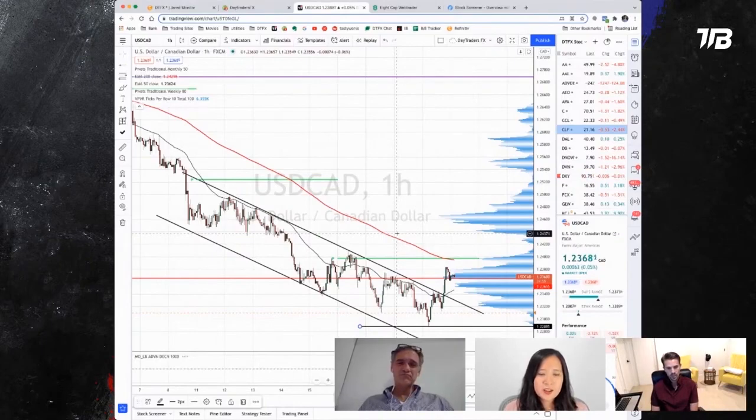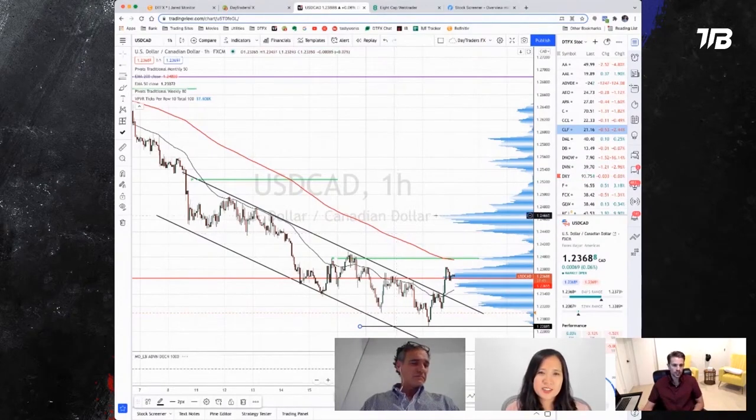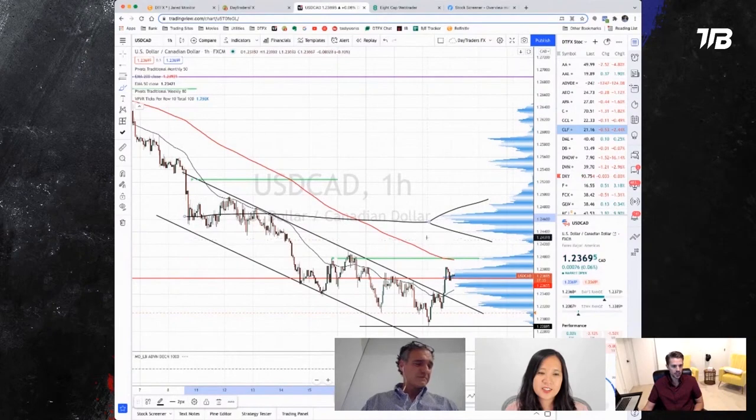So does the volume distribution at those price levels tell you anything, or is it just the pivots that you're looking at for the targets? Yes, our volume profile over here has definitely given us some good signals. You can see that for this period we're looking at, that takes us nicely through that consolidation.